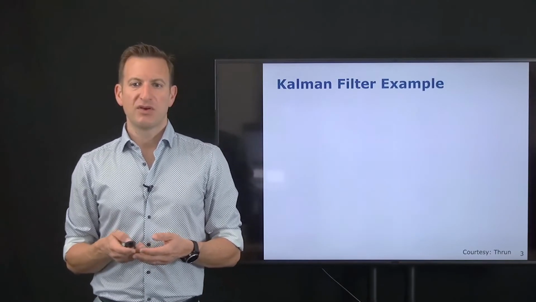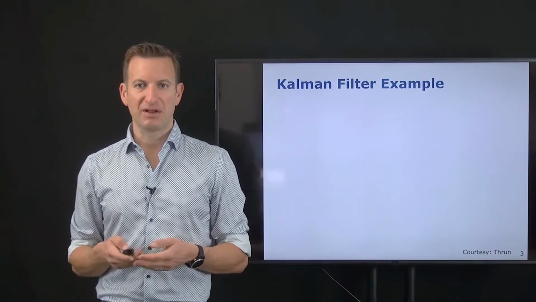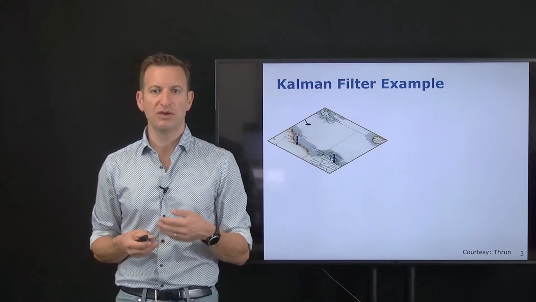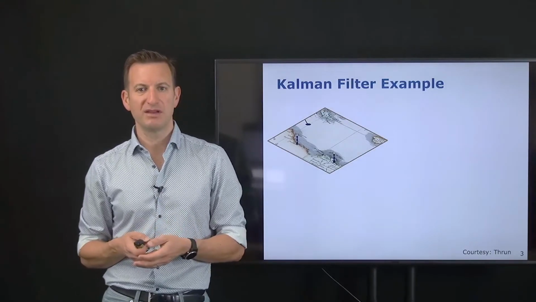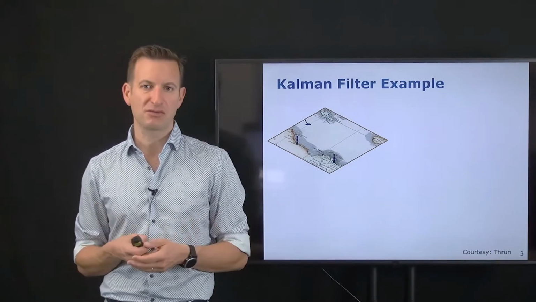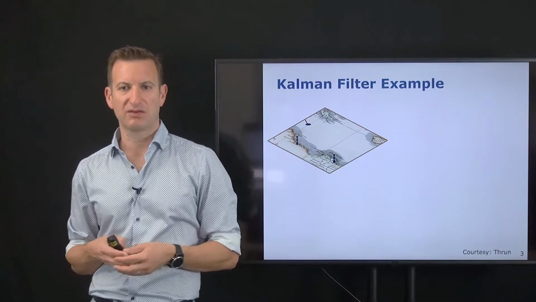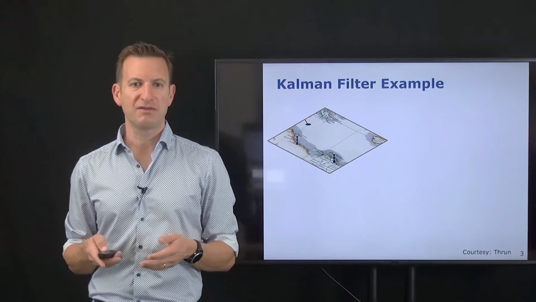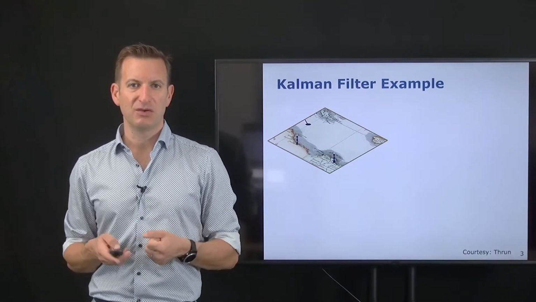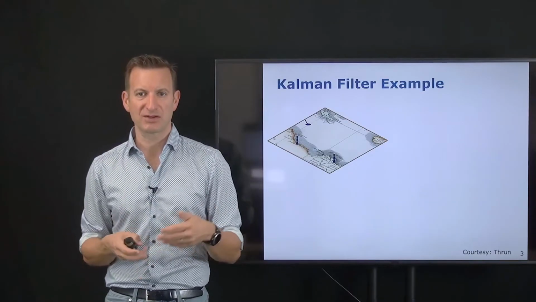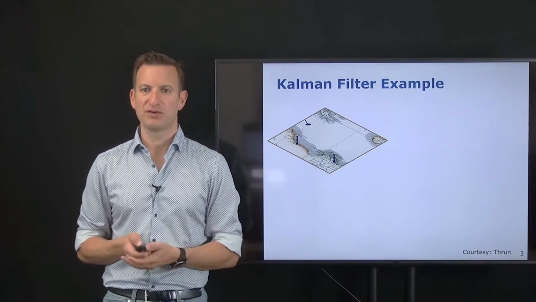So let's start with a small Kalman filter example, just as an illustration of how that looks. Consider you're on a boat and you're driving near the coast, and you have a rough idea where you are, which is indicated here by this black circle. And so you're navigating, and you try to keep the ship in a certain direction and follow that direction for a certain amount of time.